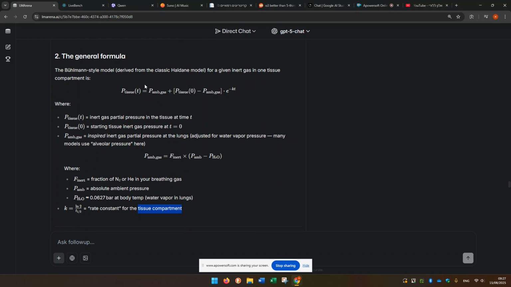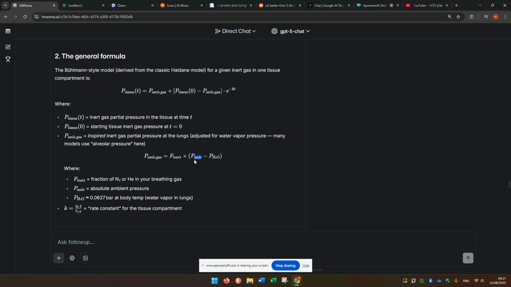So again, the partial pressure in the tissue of a gas based on time involves the ambient pressure of the gas. The ambient partial pressure of a gas is the fraction of the gas we're talking about, usually nitrogen or helium in the breathing gas, times the ambient pressure we are at.